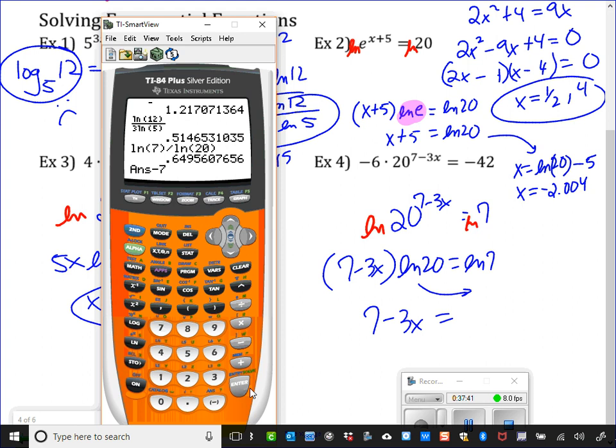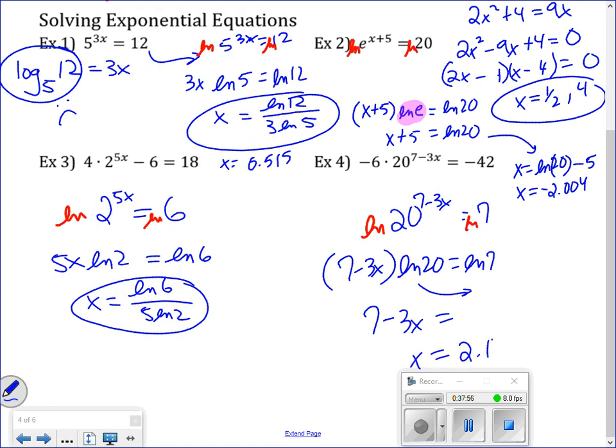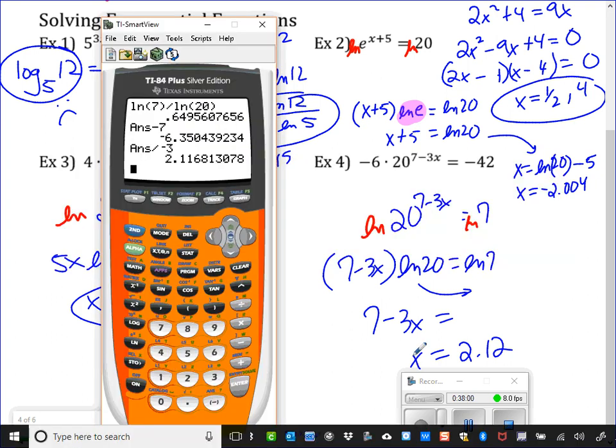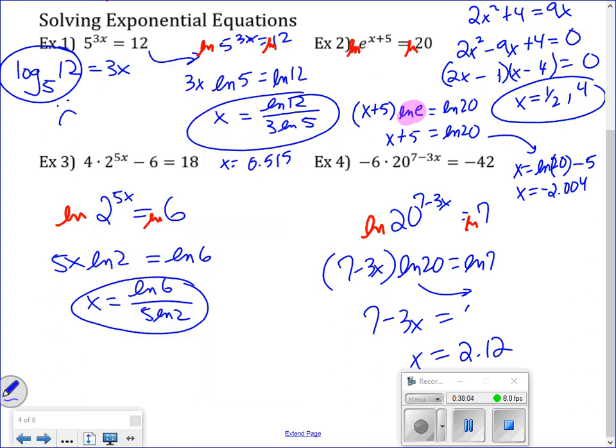And then you're going to divide by -3. So divided by -3. And that way you don't lose any decimals, and there's my nice best answer I can get. So 2.12. So my final answer is 2.12. And the answer when I divided was 0.65. Okay?